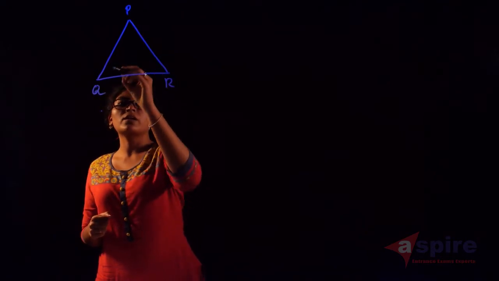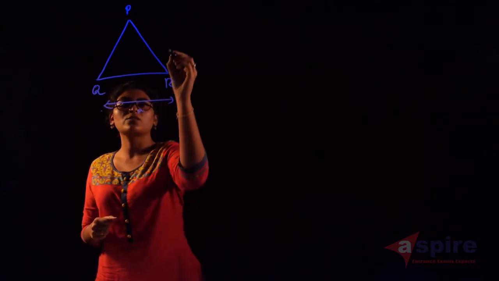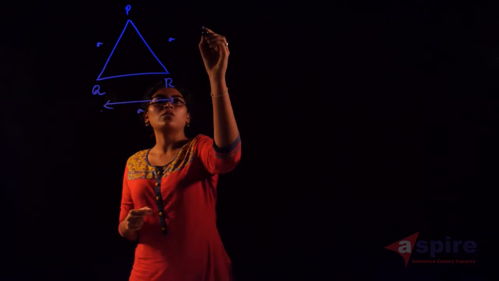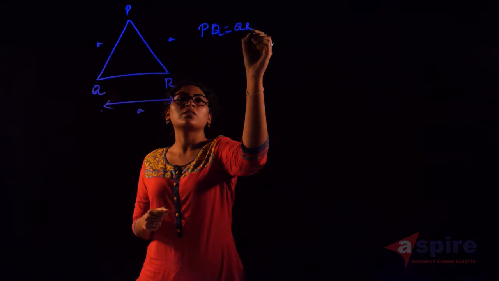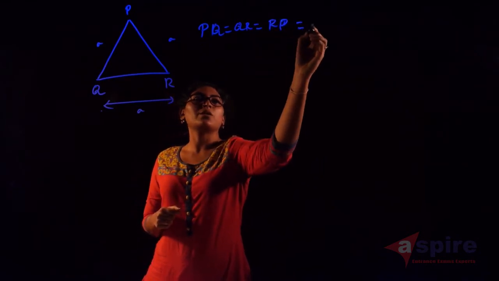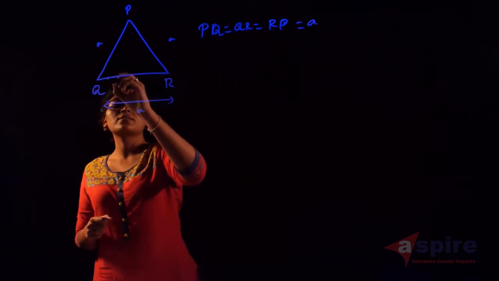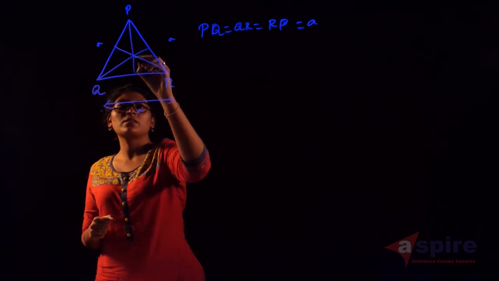So basically, equilateral triangle is a triangle which has all three sides equal. Let us consider a triangle P, Q and R, and these lengths are said to be A, and this is also A, and this is also A. So for an equilateral triangle, PQ is equal to QR, which is equal to RP, which is equal to A. And centroid is nothing but the median of all the three sides meeting at a point.